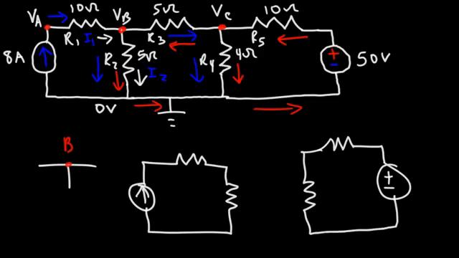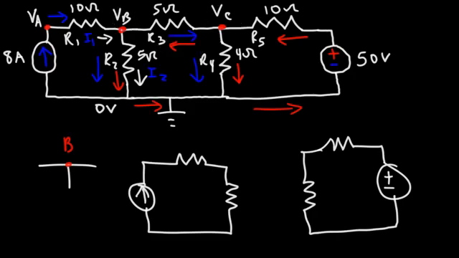In order to determine the direction of the current through R3, we need to determine which value is greater, VB or VC. If VC is greater than VB, the current will flow from a high potential to a low potential. So the red arrow would be correct. If VB is greater than VC, then it's going to flow from left to right. The blue arrow would be correct.